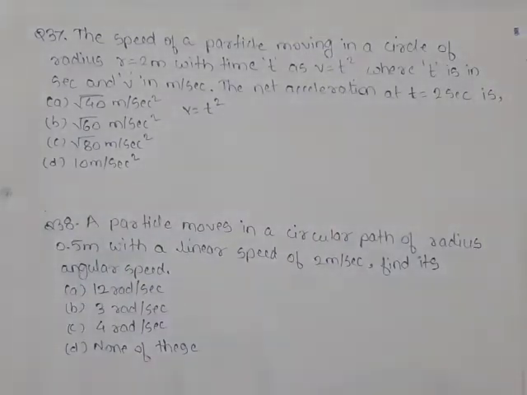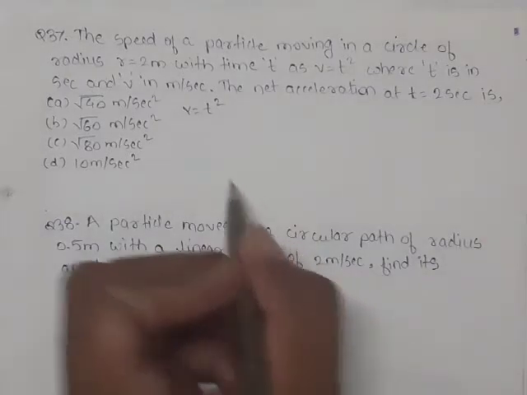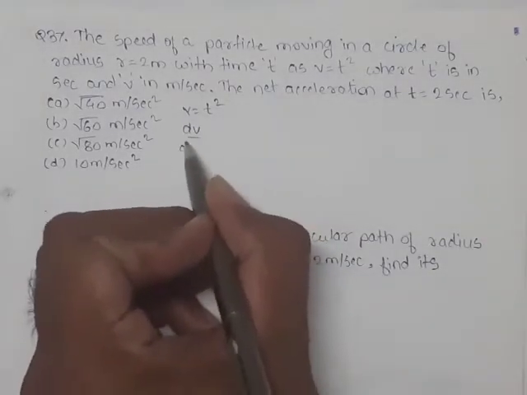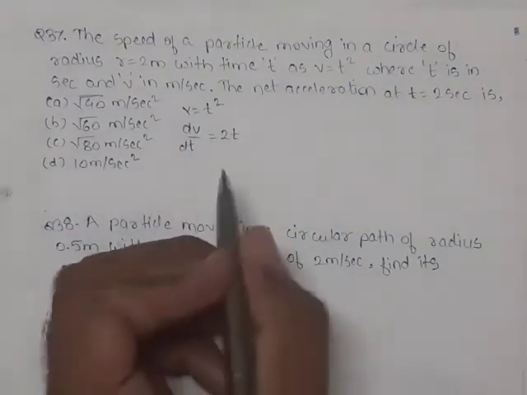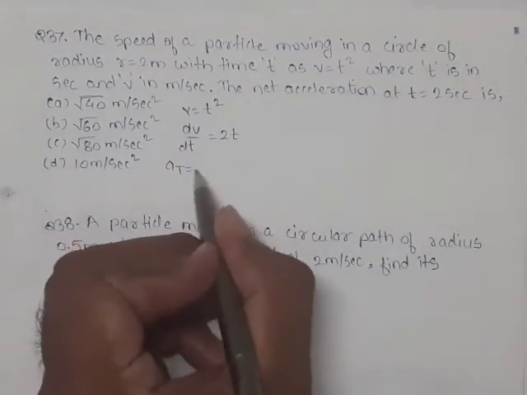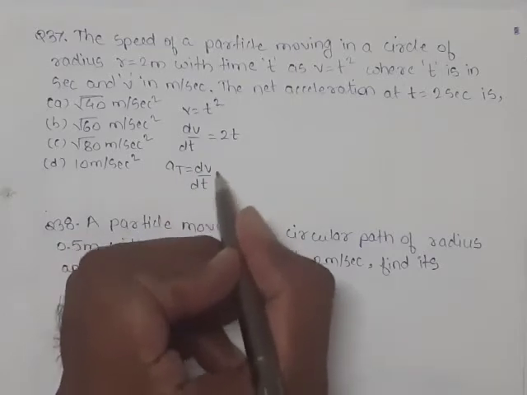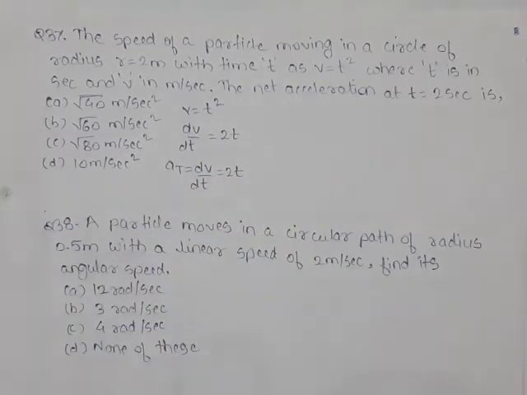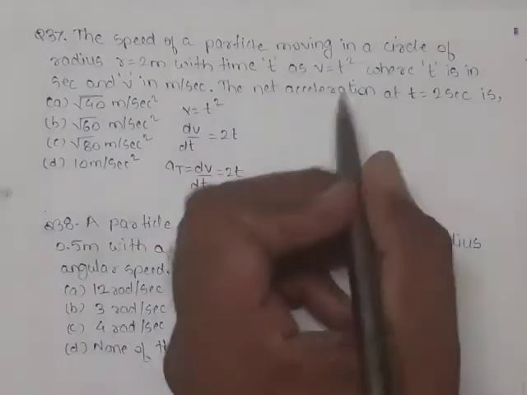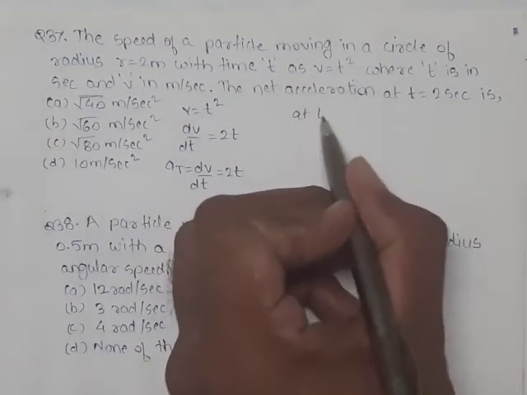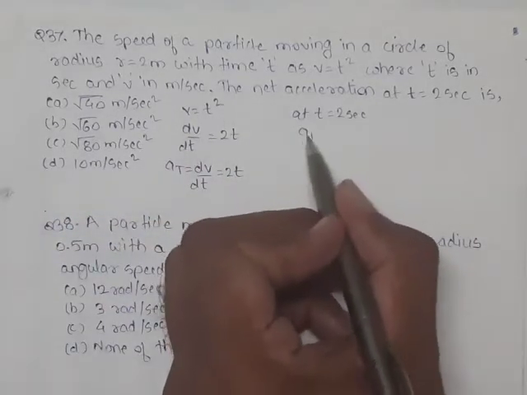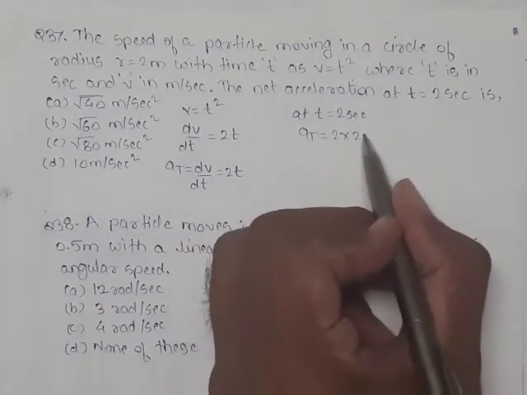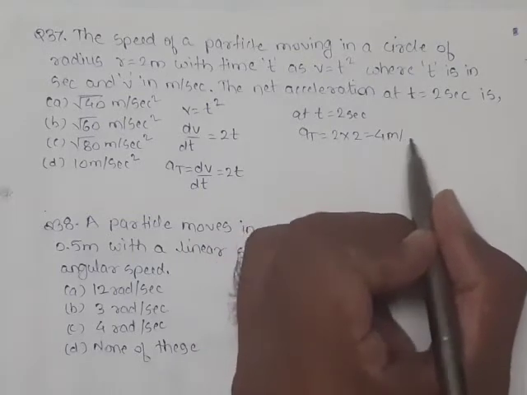If we differentiate the velocity with respect to time, it becomes dv by dt equal to 2t. Now we know that the tangential component of acceleration, a_t, is equal to dv by dt equal to 2t. For time t equal to 2 seconds, a_t will be equal to 2 into 2, which is 4 meter per second square.